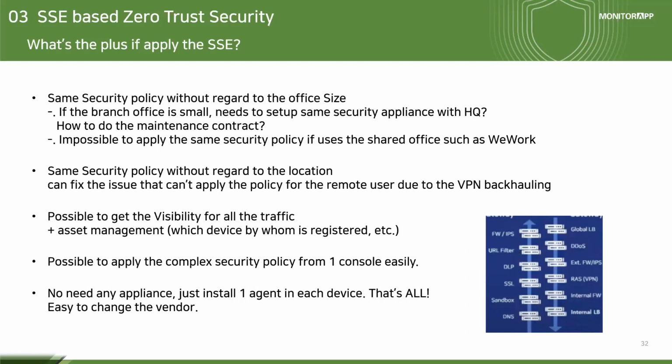Again, if you use the SSE platform based on Zero Trust, you need no appliance. Just install one agent in each device, that's all. So it's very simple, which means if you don't like this vendor, then just replace the agent. It's very easy to change the vendor.